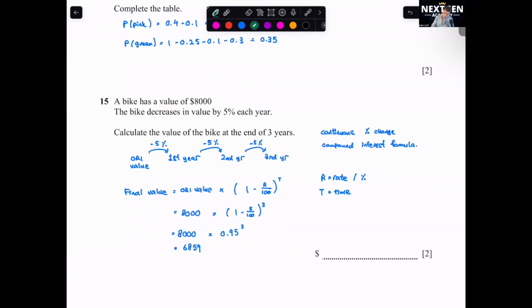Or another way that you can understand is like this. The first year is 0.95 of it. Then here, you again multiply 0.95. So you're multiplying 0.95 three times, 0.95 times 0.95 times 0.95. That's why it's times 0.95 to the power of 3.